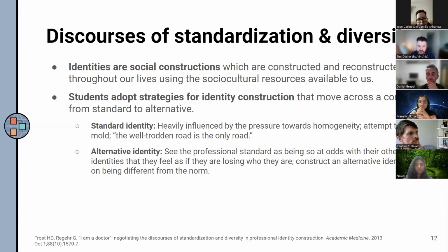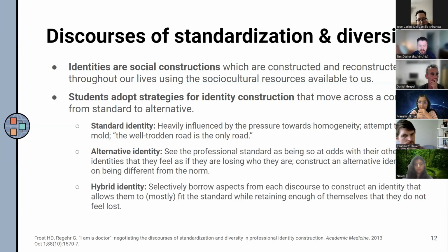There are other literatures that talk about these as identities of non-participation, for example. This paper uses the term alternative identity, but other papers on identity construction use different nomenclature. And then there was a third option that's in some senses in the middle of the continuum, which was a hybrid identity. So these are students who selectively borrow aspects from each of these discourses, and in doing that, construct an identity that allows them to mostly fit the standard while also retaining enough of themselves that they don't feel lost.